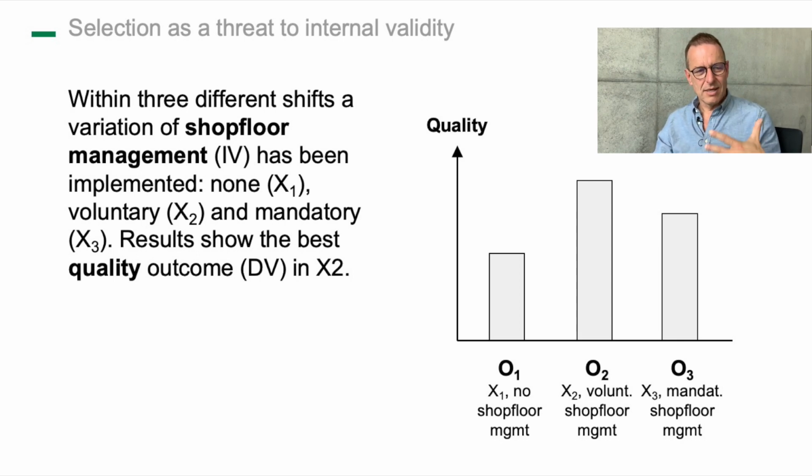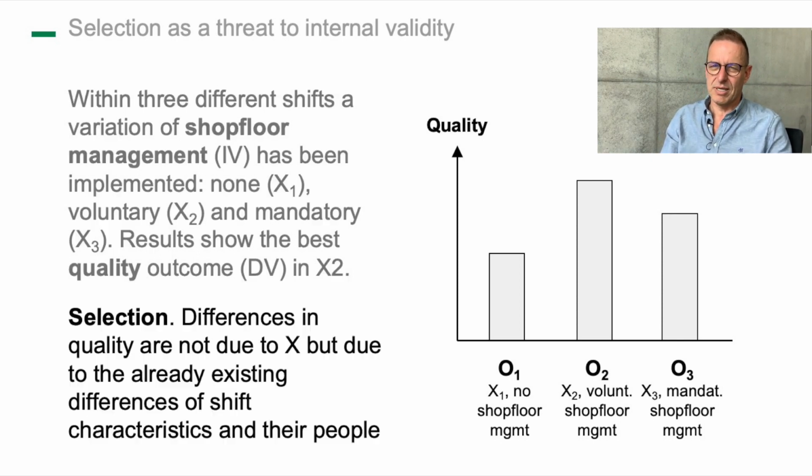Why not? Here, the threat to internal validity of selection comes into play. Maybe there is already a difference between the morning shift, the afternoon shift, and the night shift, because maybe these people differ. And we can assume that people who voluntarily work on the night shift are different people than those who prefer the afternoon shift.